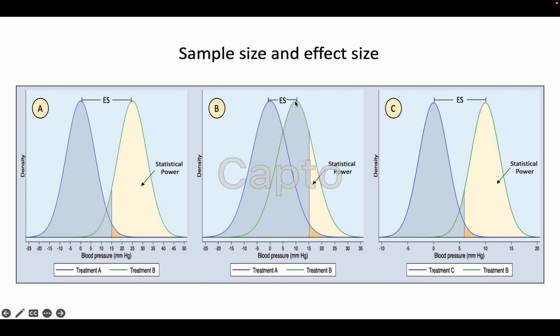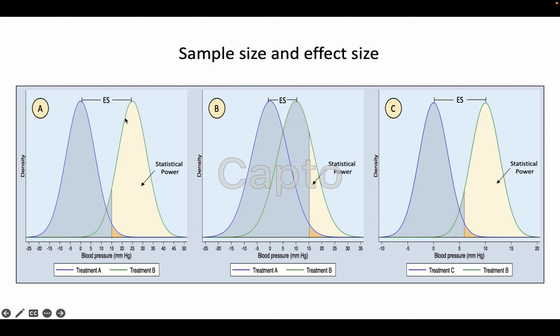Now, if you decrease the effect size in order to calculate your sample size, your statistical power is going to decrease significantly, as you can see here. This is why people tend to overestimate the effect size in order to have a decent statistical power beforehand, which is actually a bad practice because the effect size is what it is.